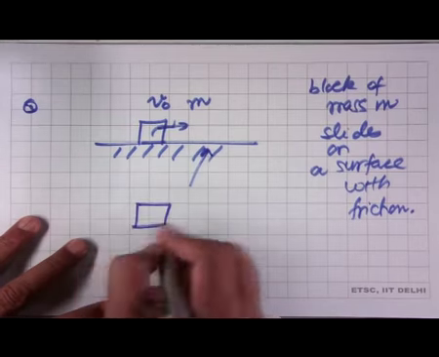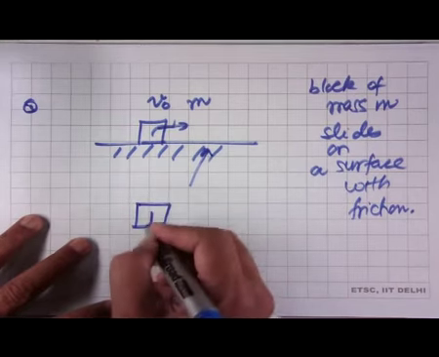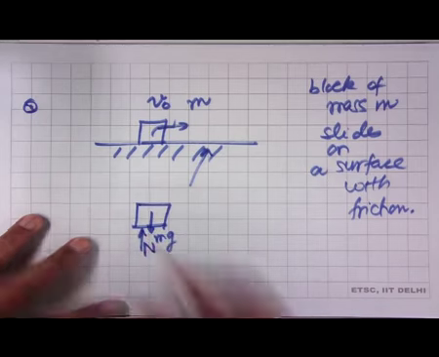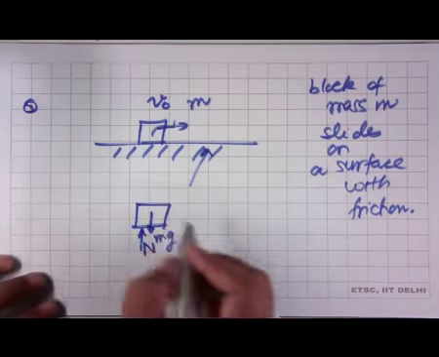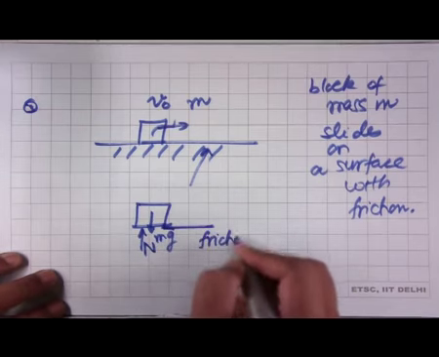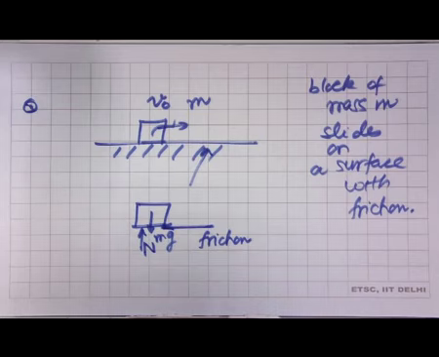Now, if the ground is not frictionless, there is a friction force. As the block moves, if you draw the free body diagram of the block, its weight acts downwards, the normal reaction acts upwards, and the force of friction tries to stop the block.